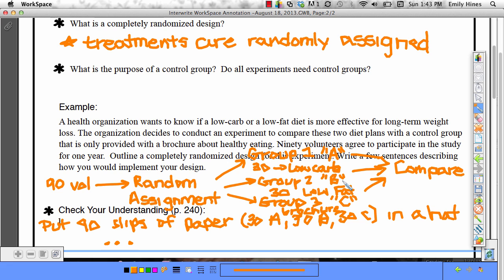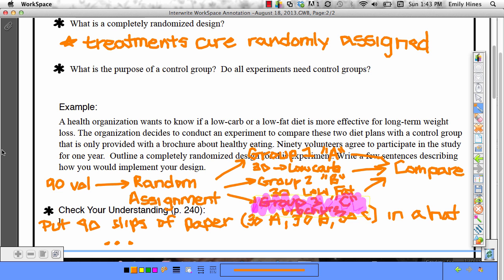Okay, now we need to say something about this group 3, this brochure group. What we need to say about the brochure group is that they are what is called a control group.